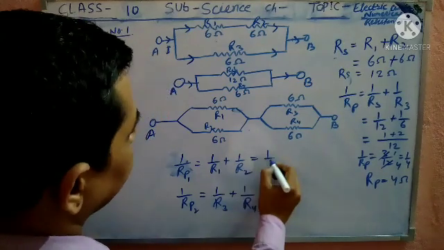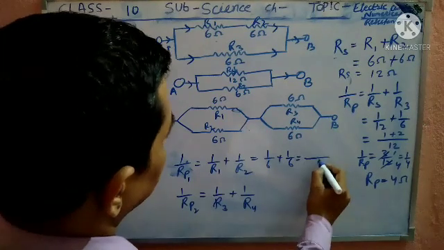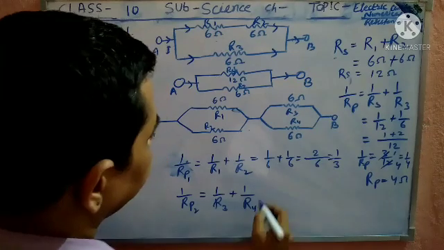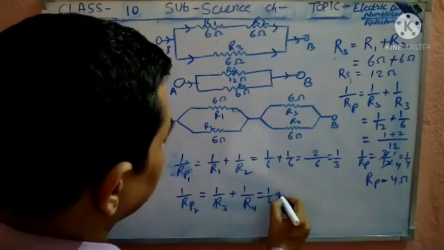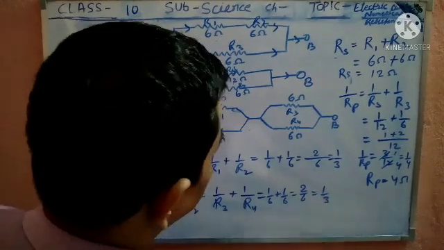So 1 by 6 plus 1 by 6 equals 2 by 6, that is 1 by 3, and also 1 by 6 plus 1 by 6 equals 2 by 6, that is 1 by 3.